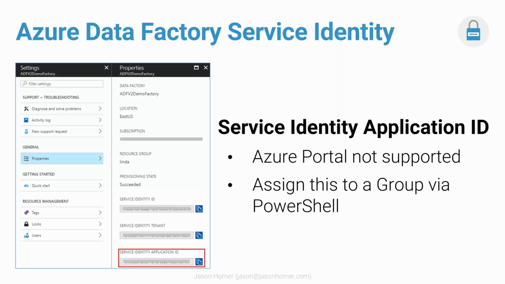So I can't go and log into a SQL Server using this identity, but ADF, if it's running, can actually present itself as its identity, and SQL Server will authenticate it and let data go in and out of that. If you need to get the service application identity ID, you can get it from here. That'll let you see it in ADF. But if you just need to assign rights to that credential, you can do so just using the normal way you would assign resources.